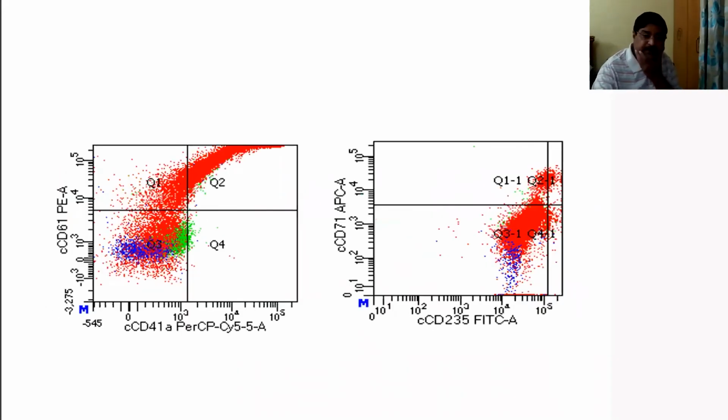Here what you find is that they are positive for cytoplasmic CD61. CD61 is what? Glycoprotein IIb/IIIa. So you have a population which is positive for cytoplasmic CD61, and they are negative for CD235, which is glycophorin A, and CD71, the transferrin receptor. So this is very clear that you are making a diagnosis of acute megakaryoblast leukemia.